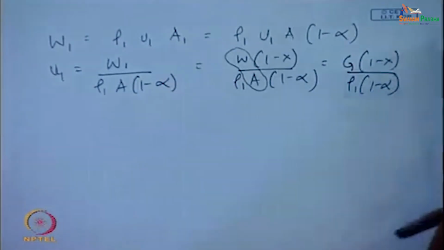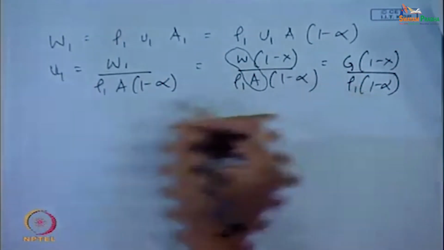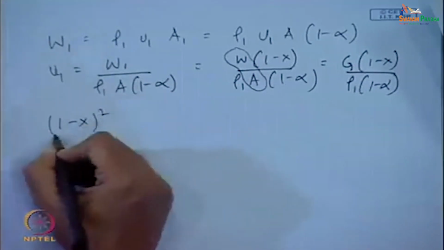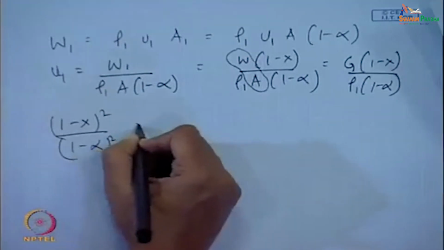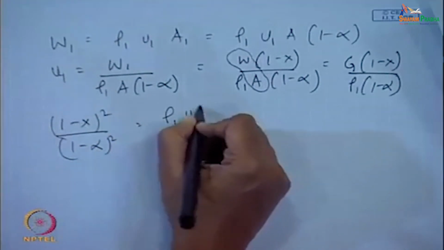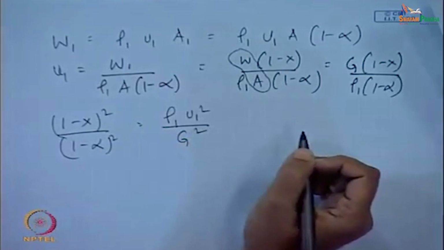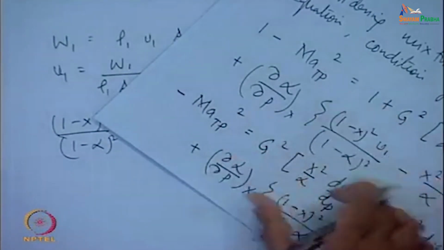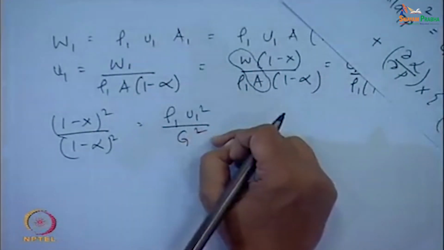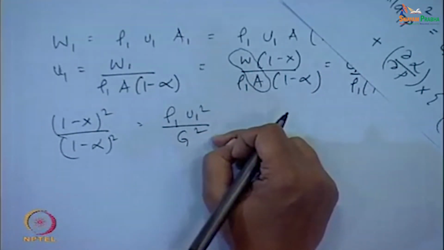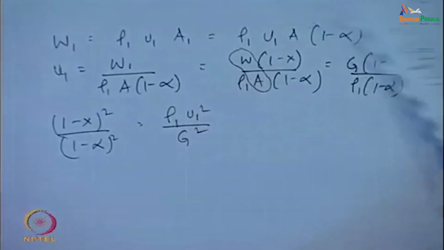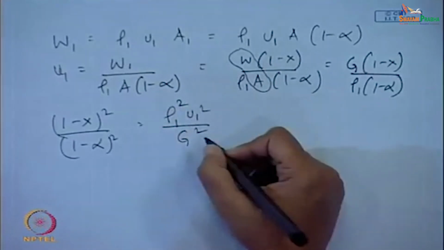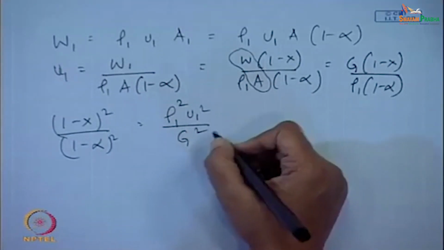So, from here you know what this particular term is, is not it? We can substitute it here and find that 1 minus x whole square by 1 minus alpha square is nothing but equal to rho 1 square u1 square by G square, fine. So, instead of this particular term, we can substitute this particular term here. Okay.